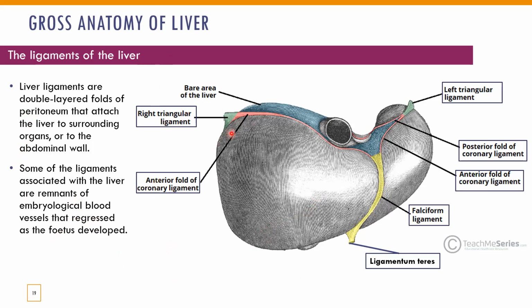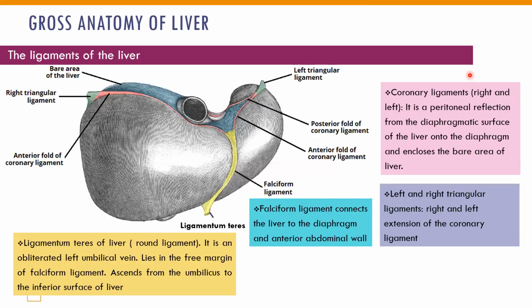Remember I told you about the bare area, which is bounded by the coronary ligament. The right coronary ligament and the left coronary ligament, and the right and left coronary ligaments continue to the right as the right triangular ligament, and to the left as the left triangular ligament.